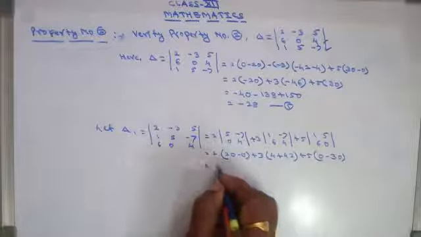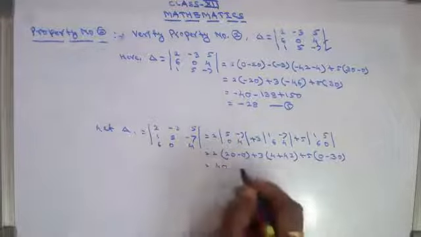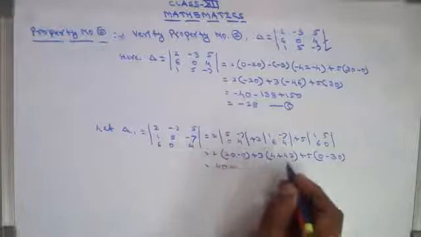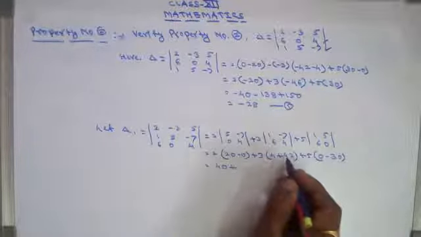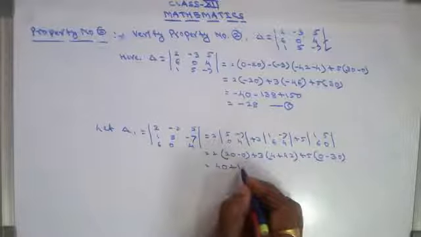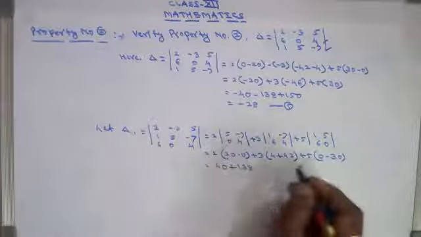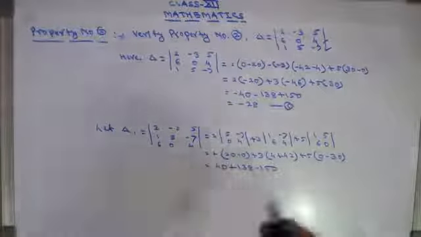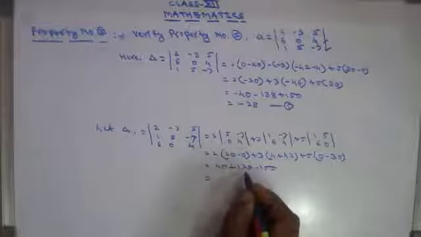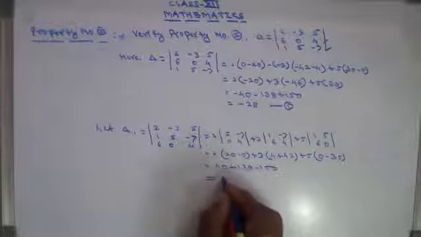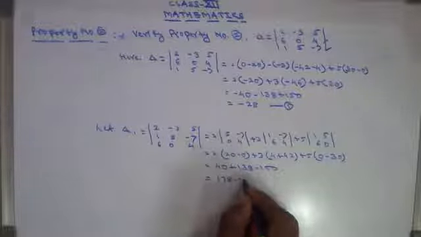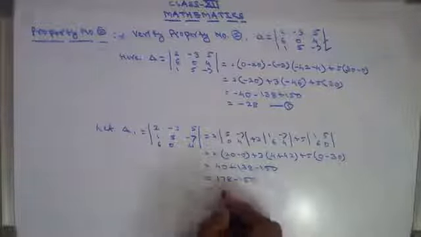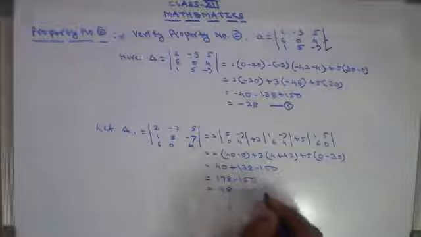So that is plus 40, 20 into 2, then plus 42 plus 46 into 3, 138, and this is minus 150. So now here 138 and 178 minus 150, so this is plus 28, number 2.